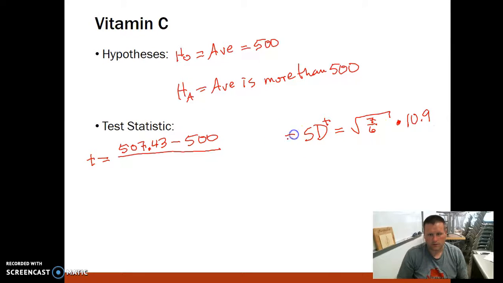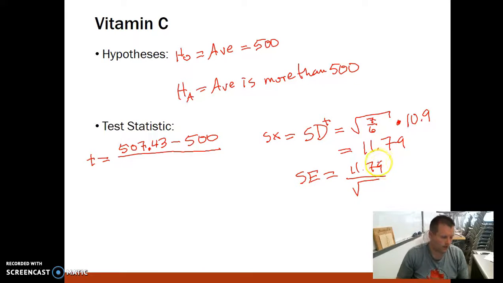Or remember, this is just the same thing as that S of X, which I wrote on that previous slide, which was 11.79. And then my standard error is just going to be 11.79 divided by the square root of my sample size, which was 7. And that's going to give me 4.45. So I subtract those, divide by 4.45, and I get 1.67.